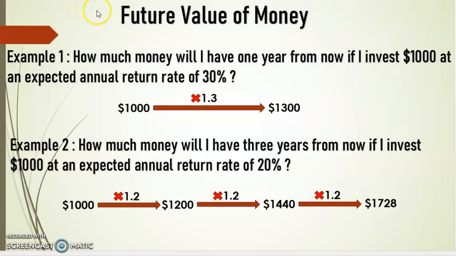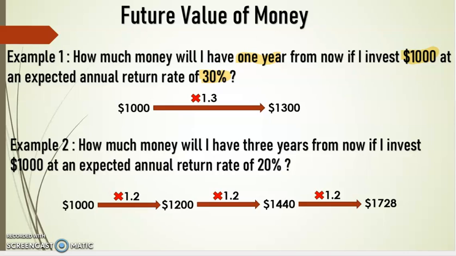A very important thing that I would like to say at the initial slide is that before calculating any numbers for any questions, first you have to select the relevant data for the calculations. Here, the relevant data of this question is 1 year from now. The investment period is 1 year. Investment amount is 1,000. Annual rate of return is 30%.